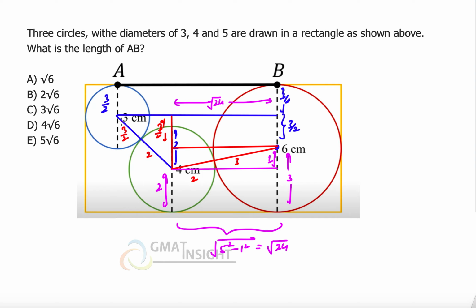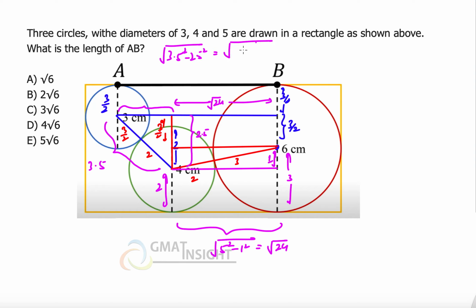So let's quickly see. We have this length equal to 2 plus 1.5, that is equal to 3.5, and this length is equal to 1.5 plus 1, which means this length will be equal to 3 by 2 plus 1. 3 by 2 is 1.5 plus 1, that is 2.5, and this particular distance is 1.5 plus 2, that is 3.5, which means this particular distance will be equal to the square root of 3.5 square minus 2.5 square.